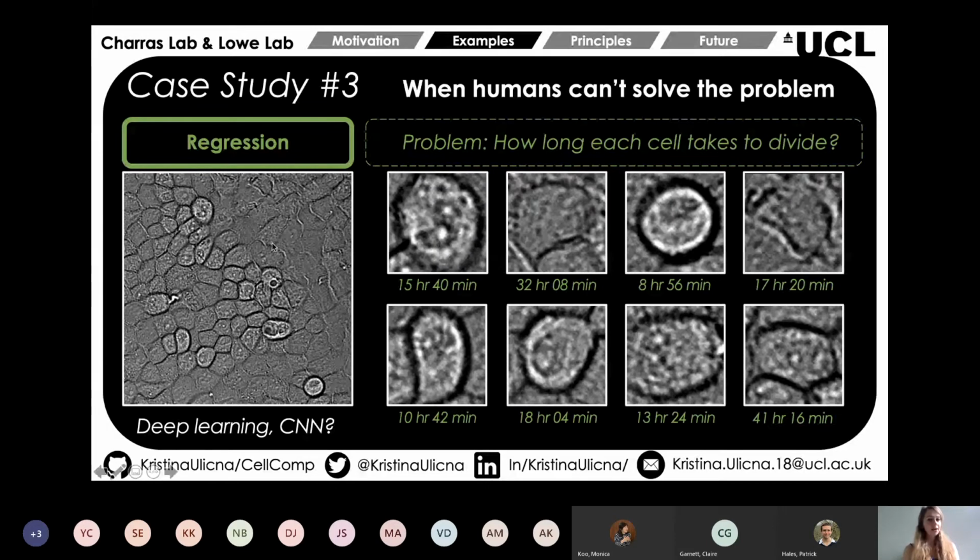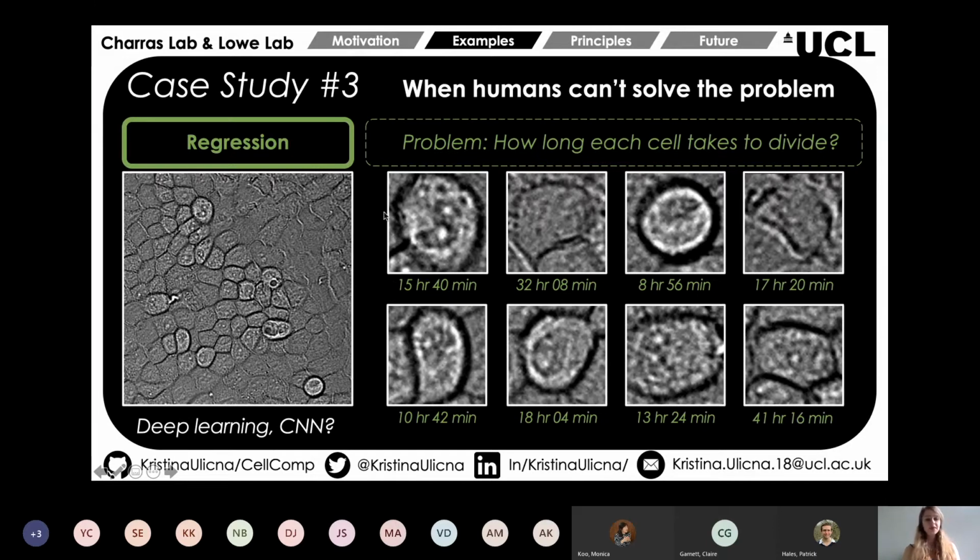Now, one of the things that I'm trying to ask here is, can you tell, based on just the visual appearance of those cells, how long each cell is going to take to divide? This is, in fact, a regression problem. What we mean by regression is that we're trying to train a deep learning model or an algorithm that can regress or predict the cell cycle time.